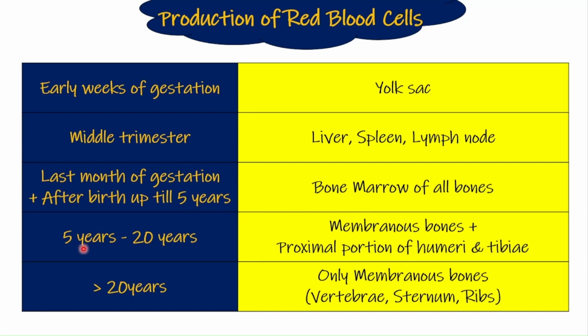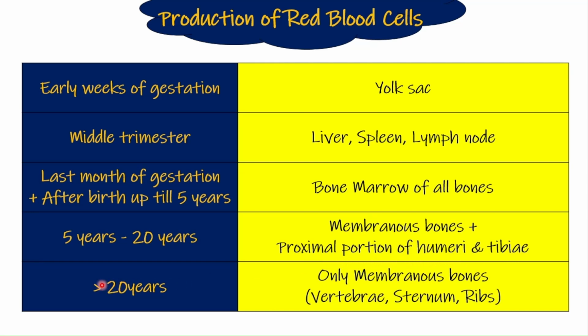From 5 years till 20 years of age, the production of RBCs is not from the bone marrow of all bones, but from the bone marrow of membranous bones and the proximal portion of humeri and tibia. So from the age of 5 years till the age of 20 years, the RBCs are produced from the bone marrow of membranous bones and from the proximal portion of humeri and tibia.